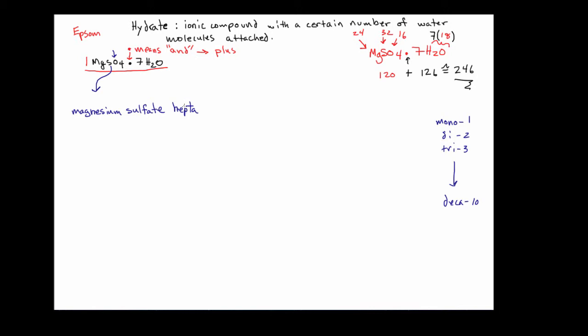So I'm going to write that, and then what do we write? Well, to indicate that water is attached to this ionic compound, we write hydrate. So the technical chemical name of Epsom salt is magnesium sulfate heptahydrate. Hepta for 7, hydrate to indicate the attachment of the waters.